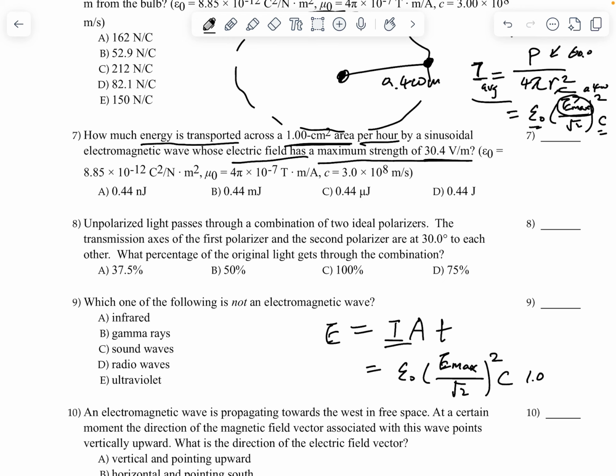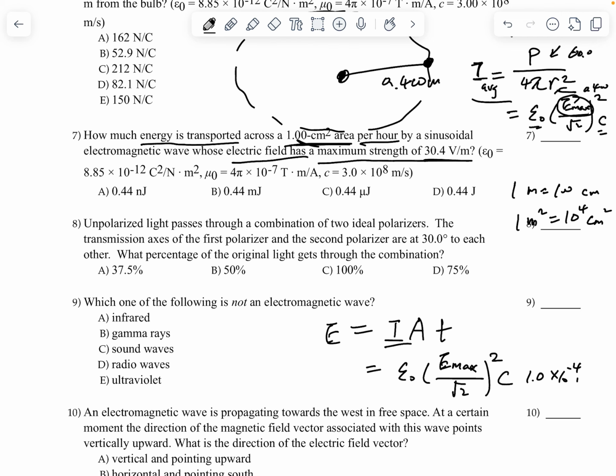The area is 1.0 centimeter squared, which equals 10 to the power of negative 4 meter squared. Since 1 meter equals 100 centimeters, 1 meter squared equals 10 to the power 4 centimeter squared.